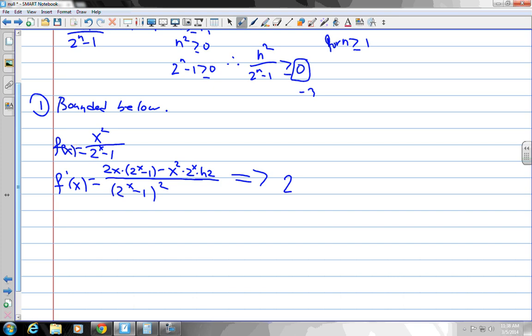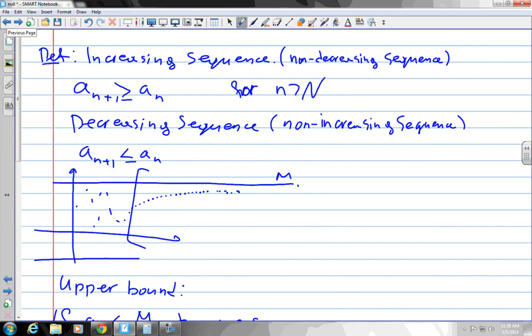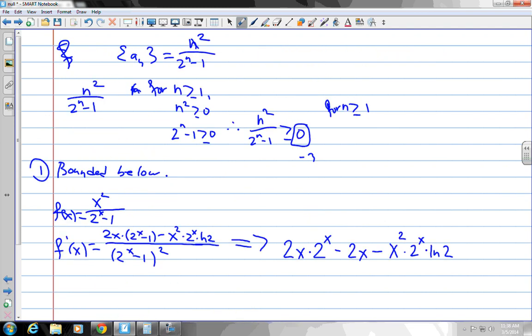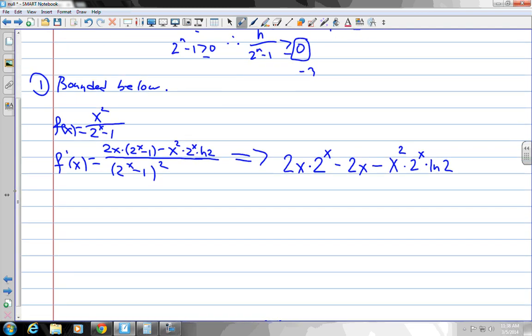What is this? It's 2x times 2 to the x minus 2x. Oh, I don't know how to show whether that's negative. Look at that numerator.